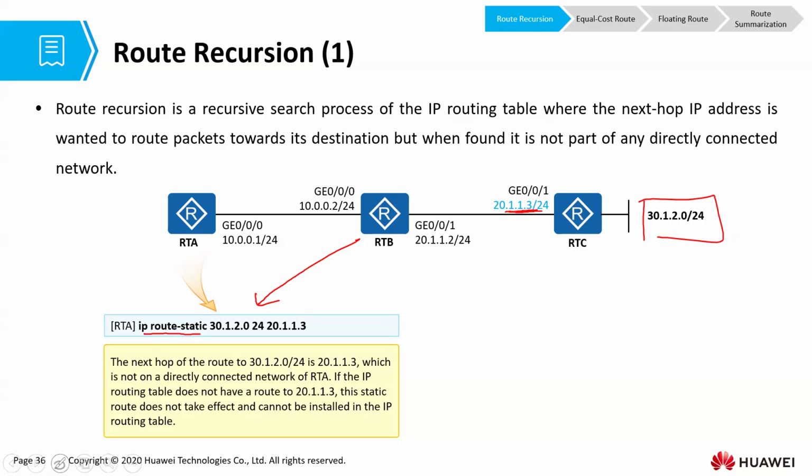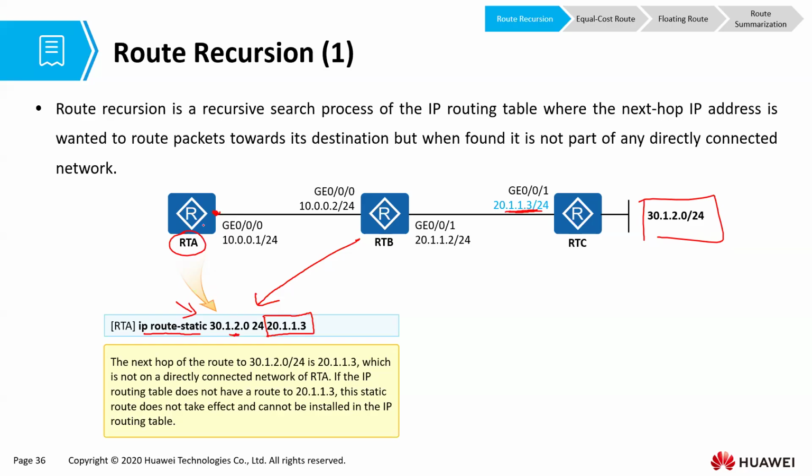Let me see if I can get this. In this example, you can see RTA has a route. If I want to forward traffic to this destination from RTA, I will look at the next hop. I look at the next hop and see it is not among the directly connected interfaces.